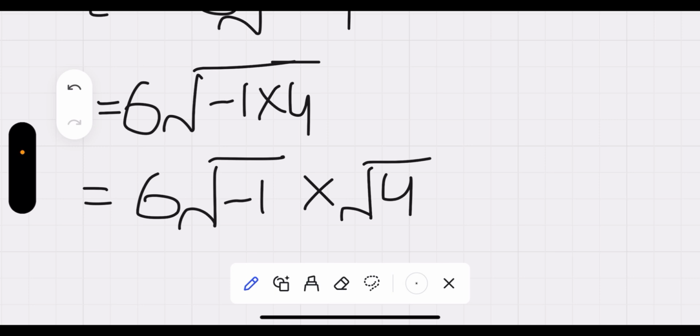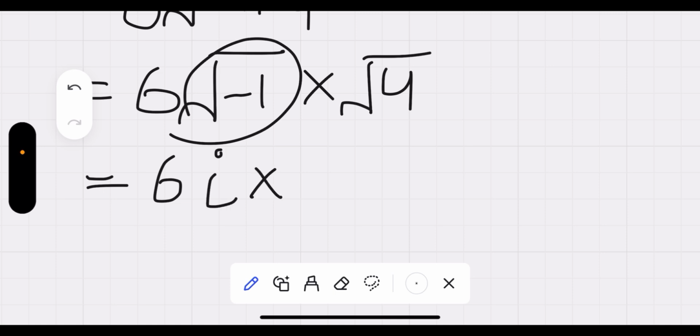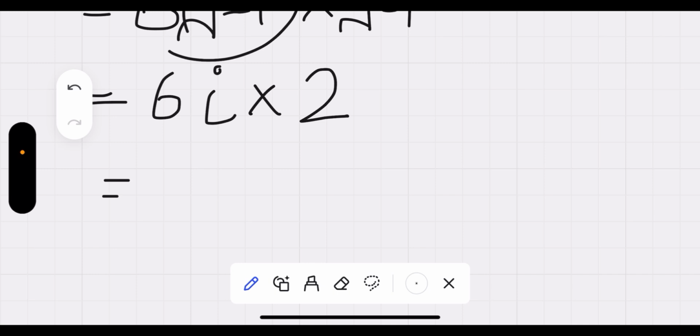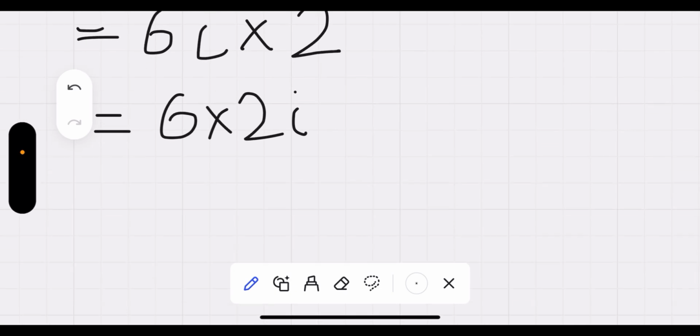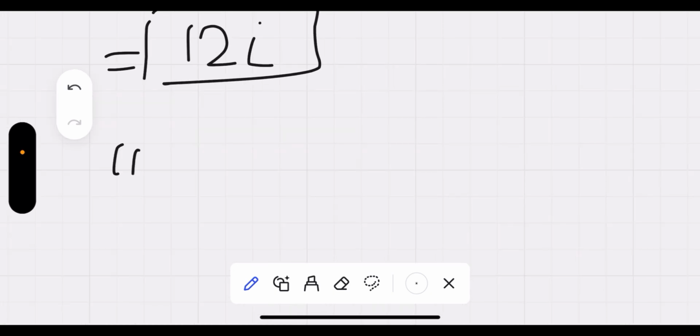We are splitting the powers. Here we can write iota, and square root of 4 is 2, so we can write 6 multiplied by 2 iota. Since multiplication is commutative, 6 twos are 12 iota. This is the answer.